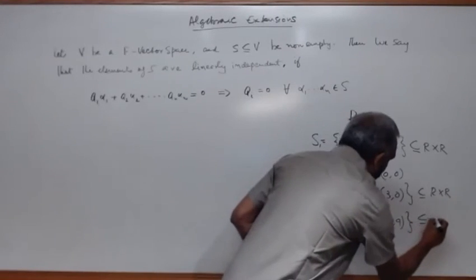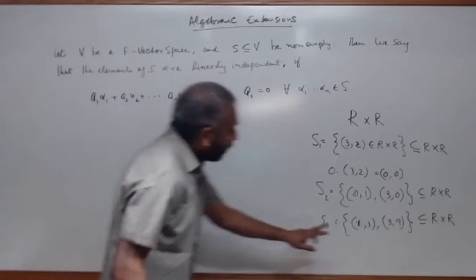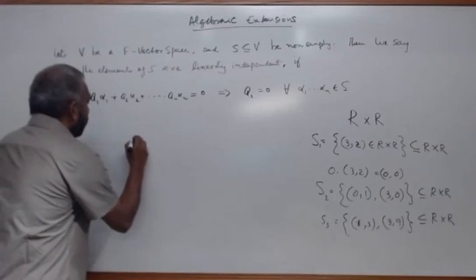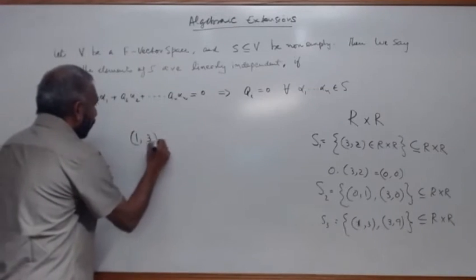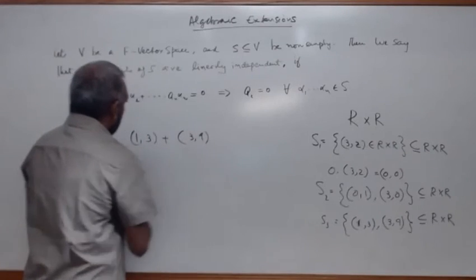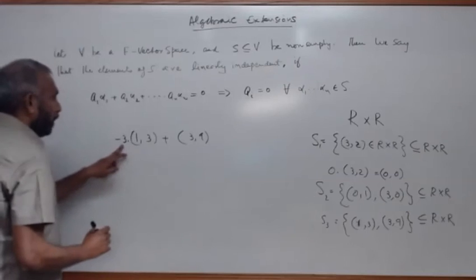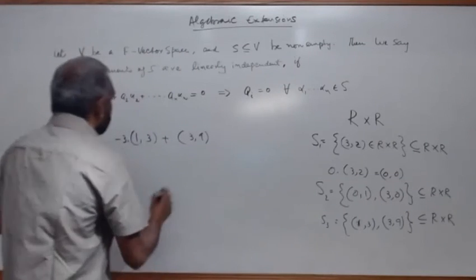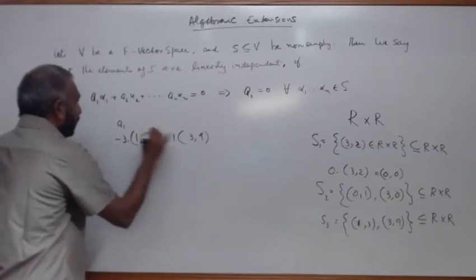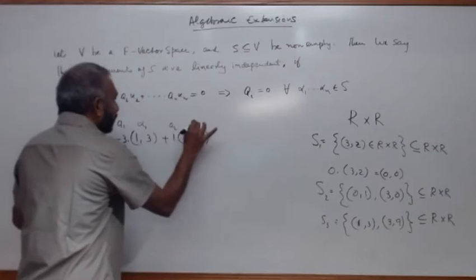This is a subset of R cross R. This is not linearly independent because if you take this one as minus 3 times, minus 3 belongs to R, and this actually becomes 1 times, so this is our A1, this is our A2, this is our alpha 1, this is our alpha 2.